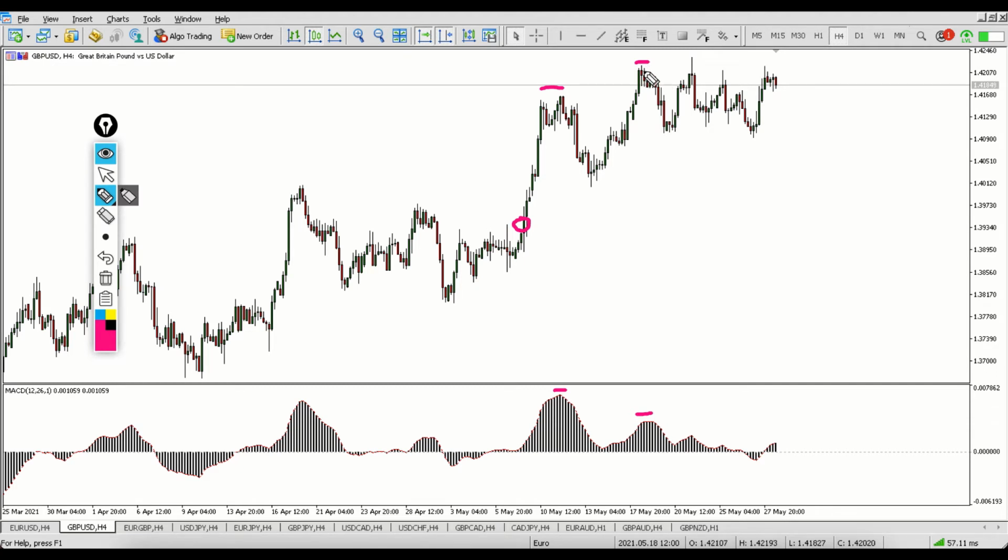So at this point we could either close our full position or maybe just a part of it, because we want to secure profits in case there is a reversal. And to be honest, in some cases it would be much better to close your position right here rather than waiting for that pullback and then for price to come all the way up here again at this same level, where again we have another divergence signal.